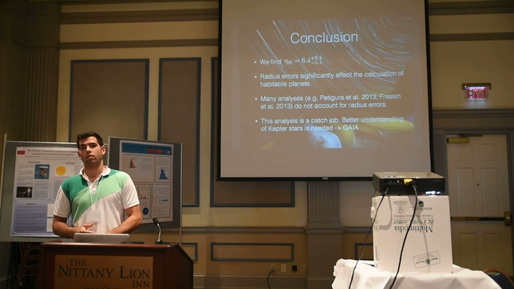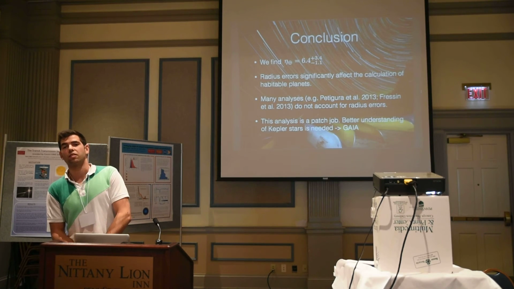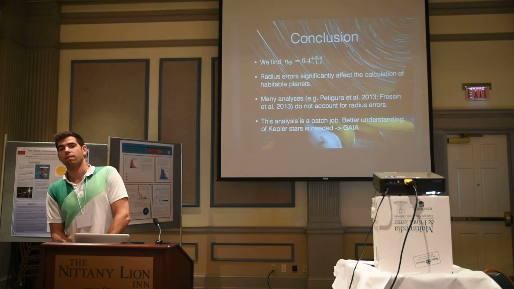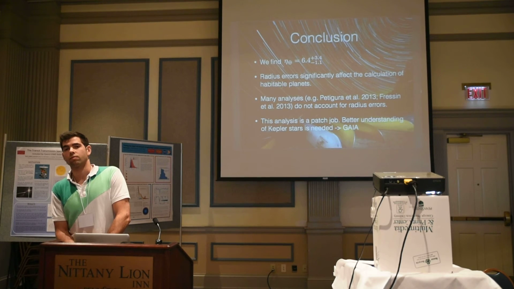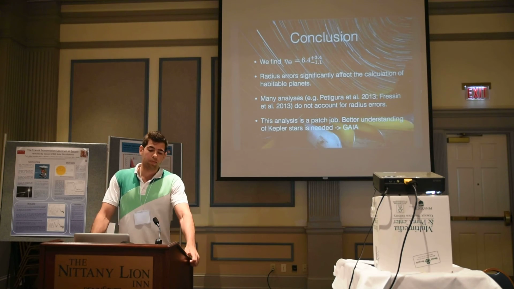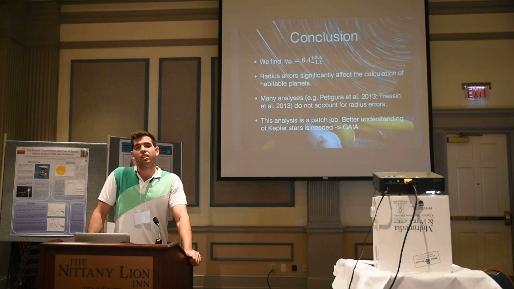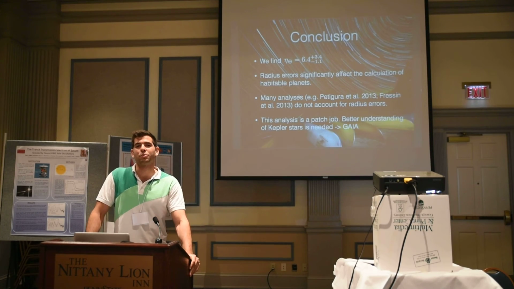Can you speak up? How would you know, do you know a priori that the difference between the true radius and your nominal radius is normally distributed as opposed to some other weird distribution? Yep, that's a really good question. It was more for convenience, since Gaussians are much easier to deal with. Usually in any kind of astronomy or scientific thing, you assume a Gaussian distribution.